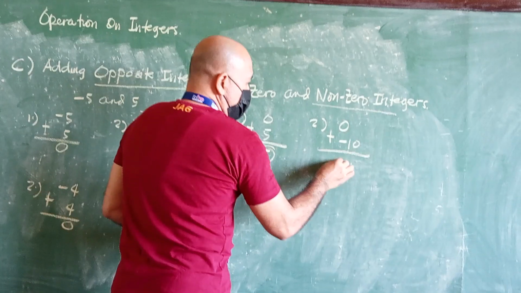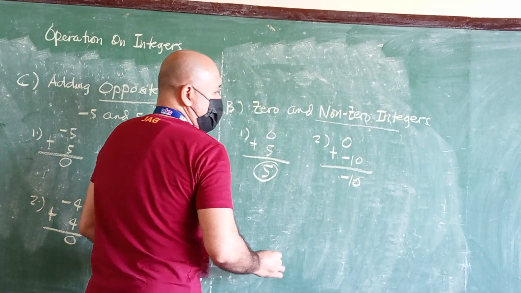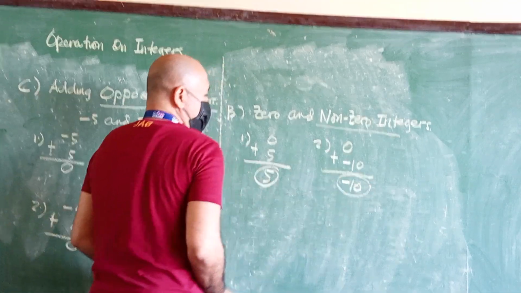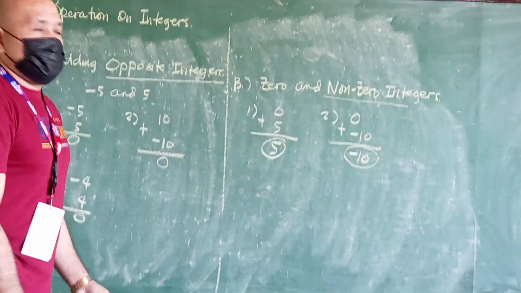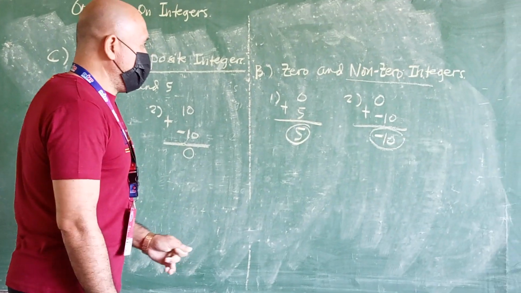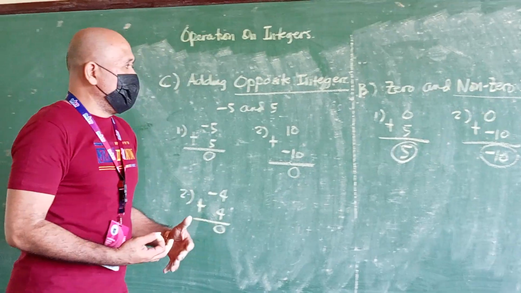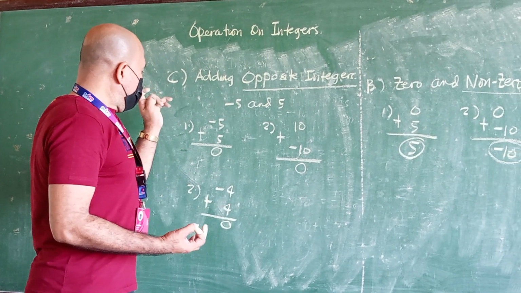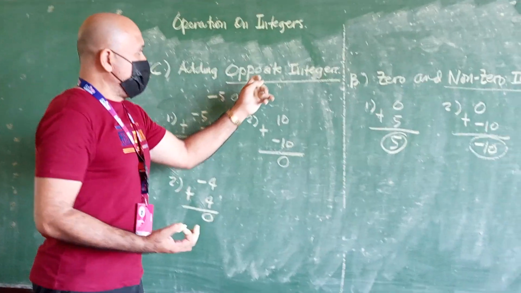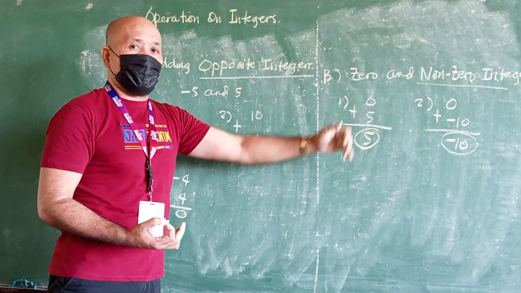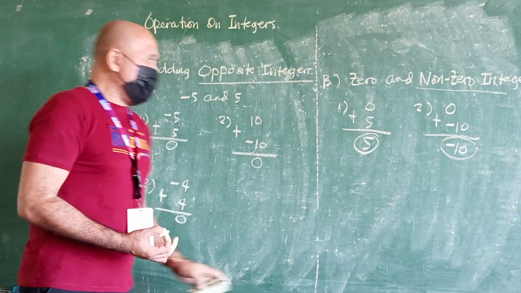So 0 plus negative 10, the sum is negative 10. So that's it. I guess it will be easier for you to remember and to practice these rules, adding opposite integers and adding 0 and non-zero integers.